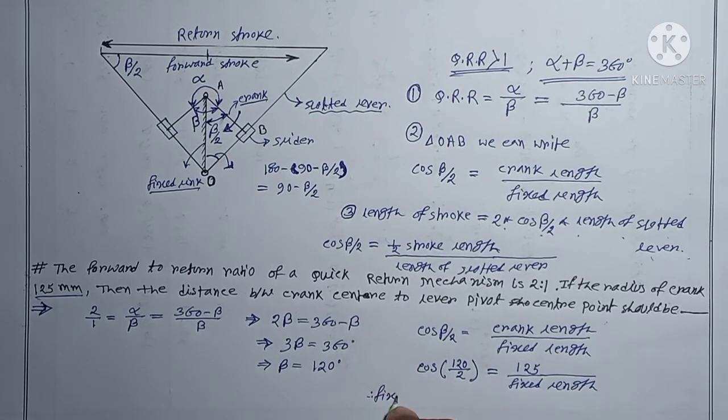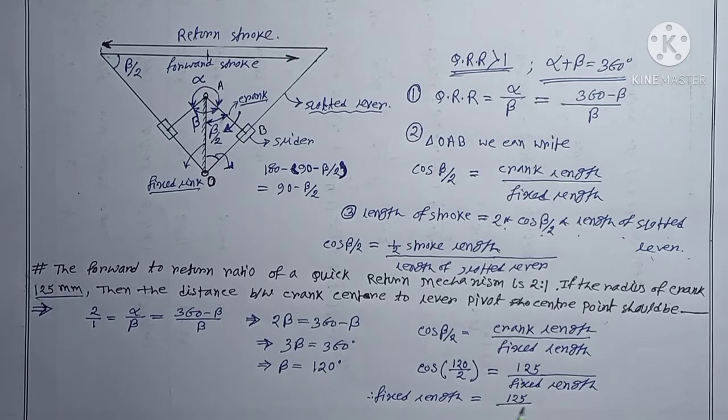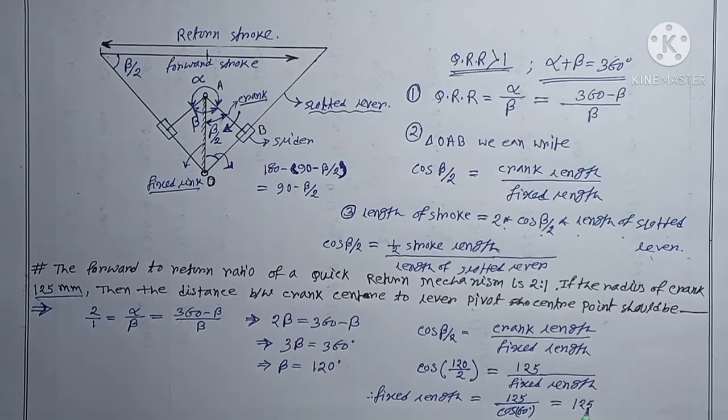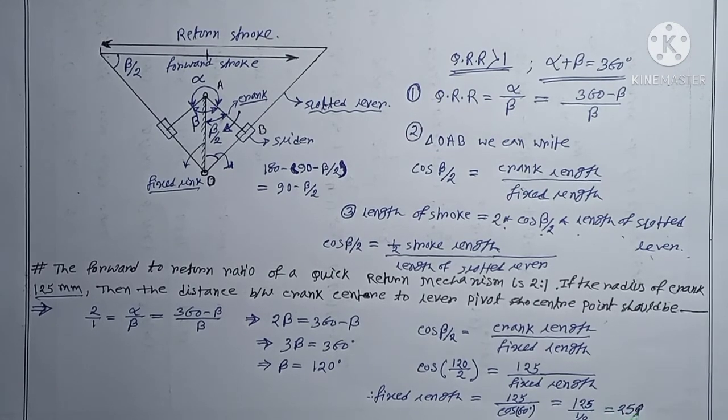Fixed length is equal to 125 by cos 60 degrees, and we know cos 60 degrees is nothing but a half. So 125 by half, or you can say 250 mm, because 2 comes to the numerator.